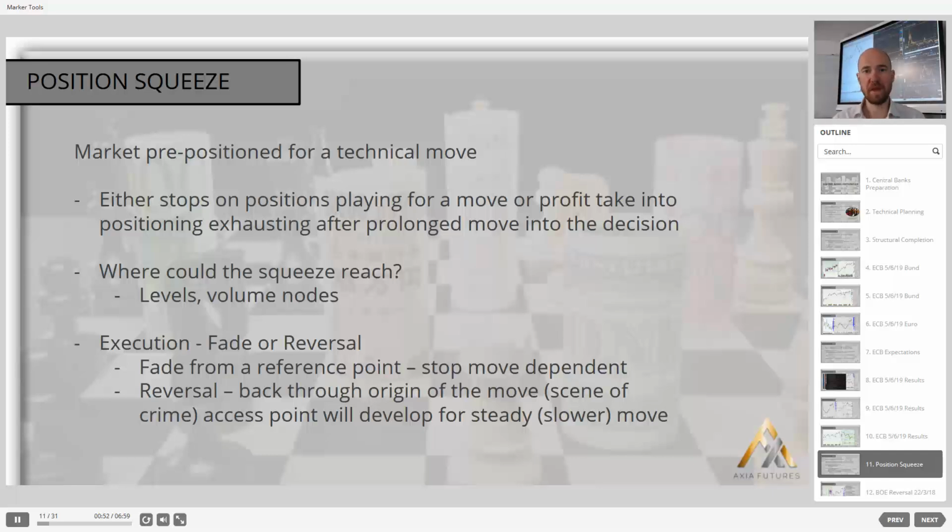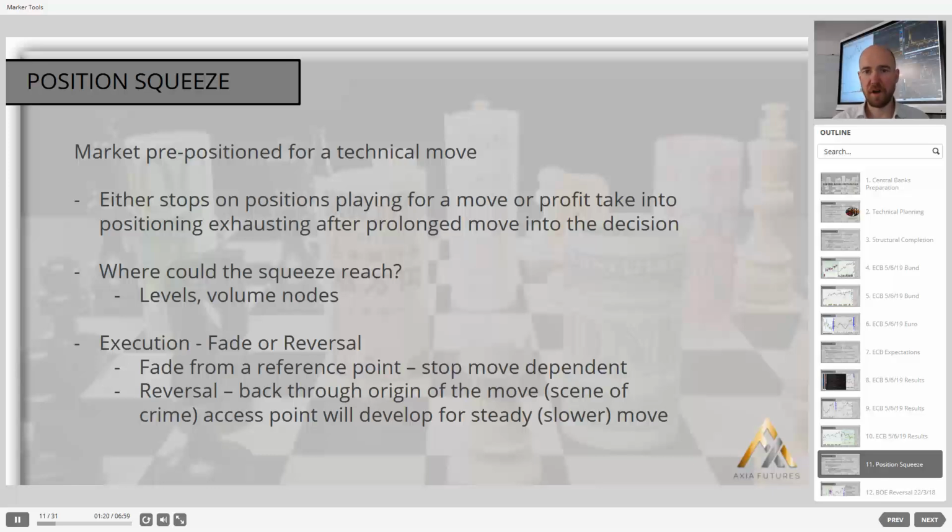What that then means, and this is similar to the play that you got in the euro that we discussed over the ECB, is you've got a lot of people in a position with quite tight stops, essentially not wanting to take too much risk on this trade. What can then happen is you get a stop out of those positions, there's your squeeze, and then the move continues in the way that it was going to go. So that's your first way of looking at it.